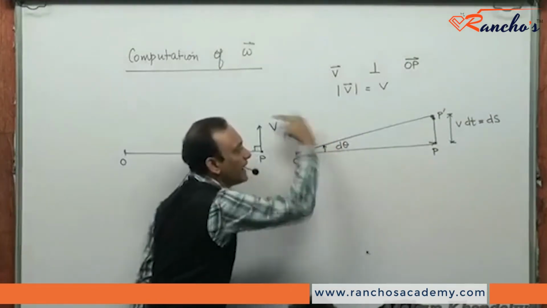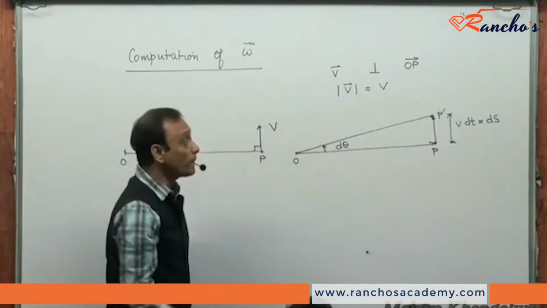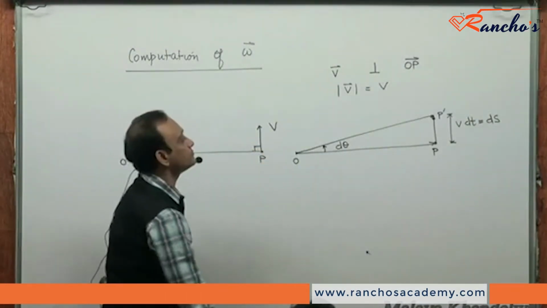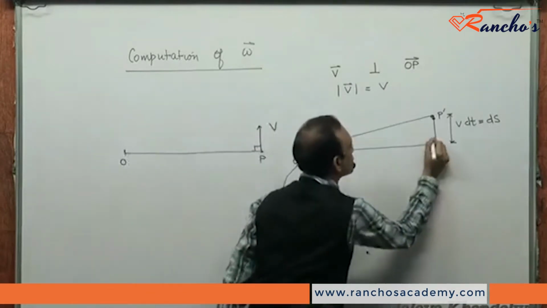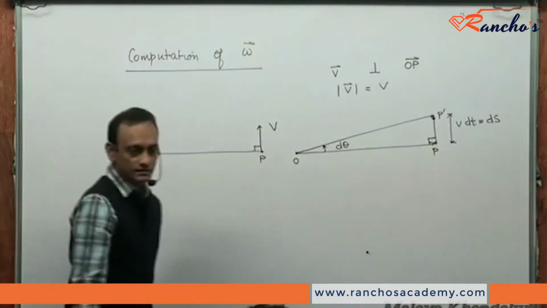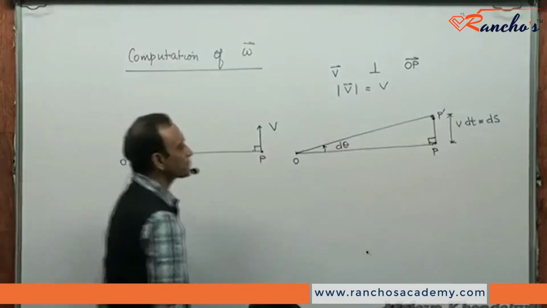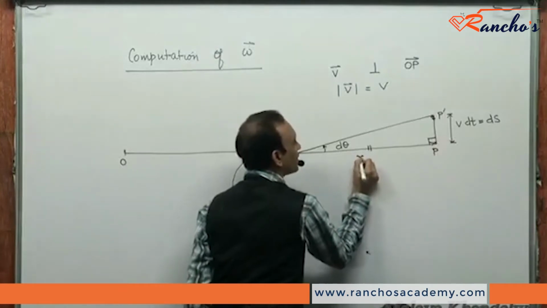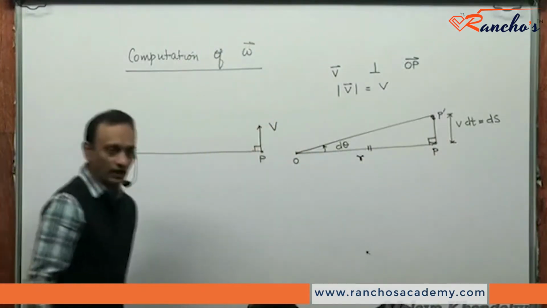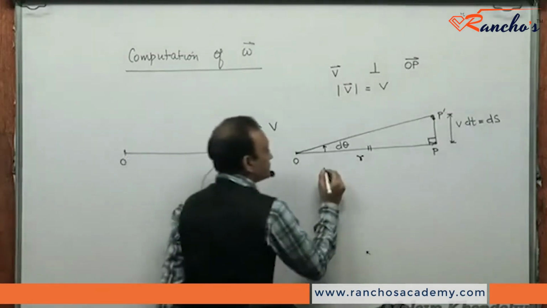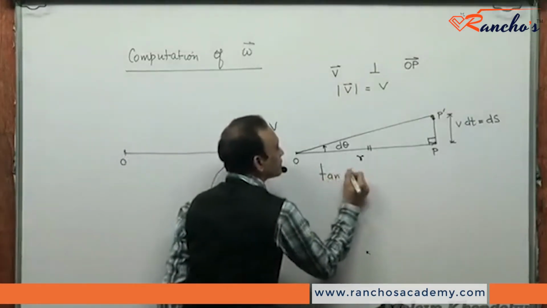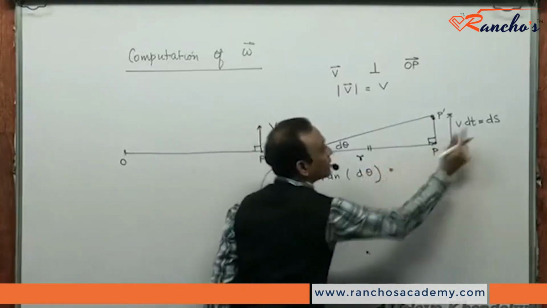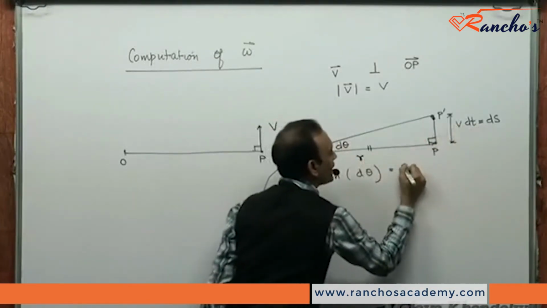And do you realize this angle is 90 degrees? And OP is of length r. Tan of d theta is what? V dt by r, ds by r.